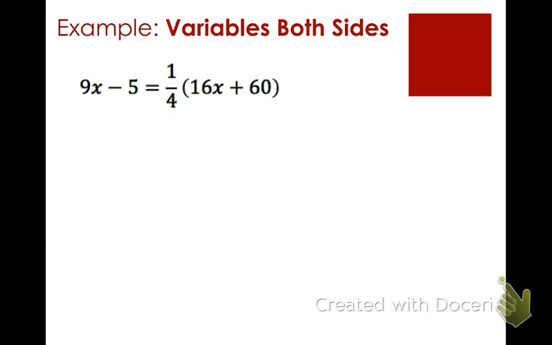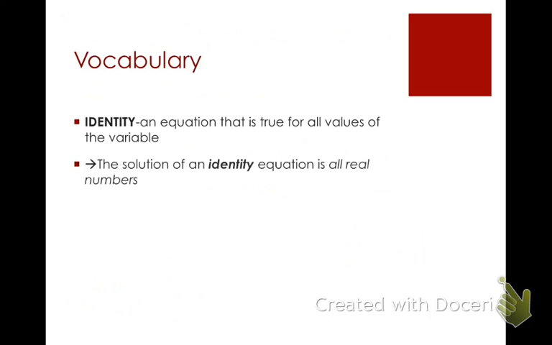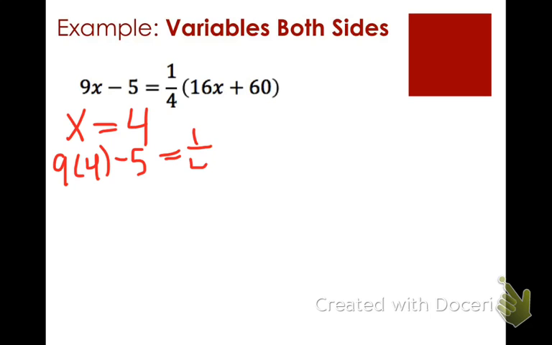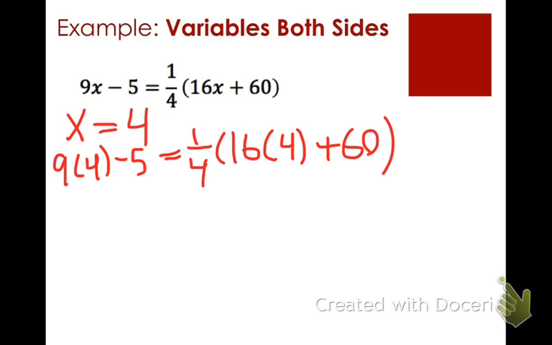So again, I have x equals 4. 9 times 4 minus 5 equals 1/4 of 16 times 4 plus 60.